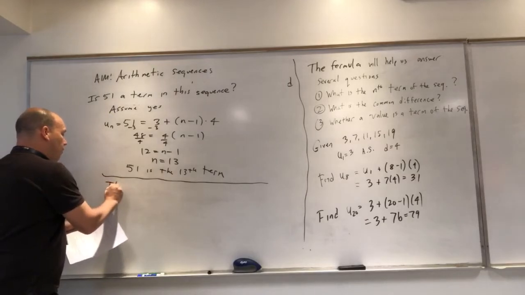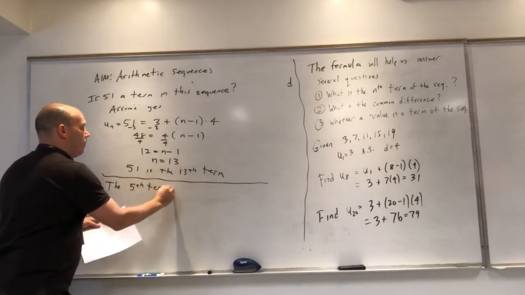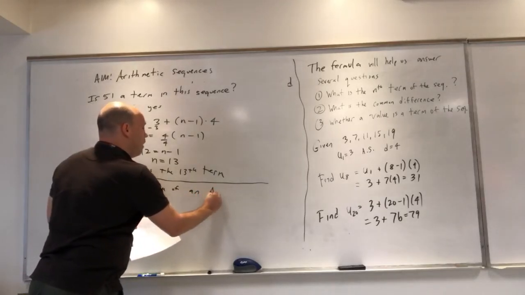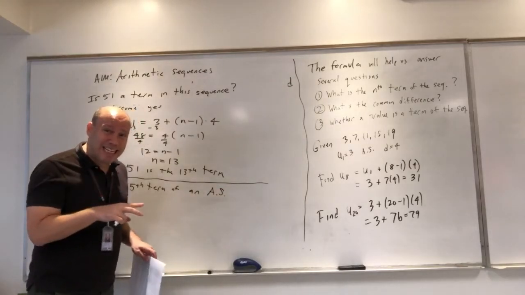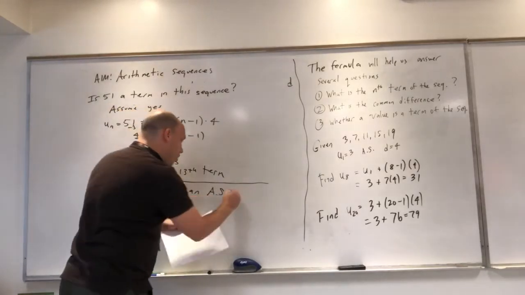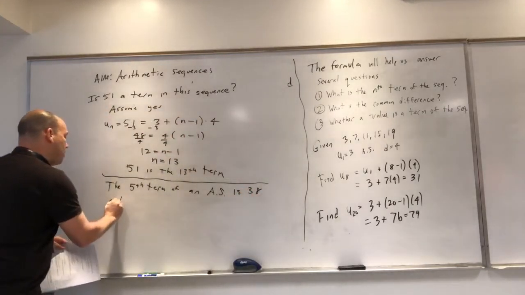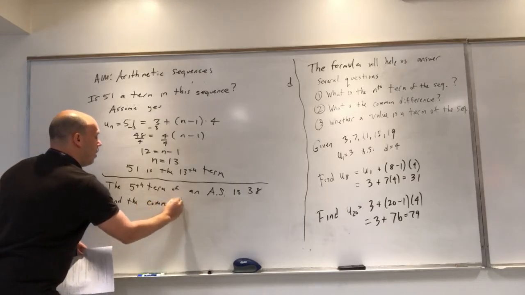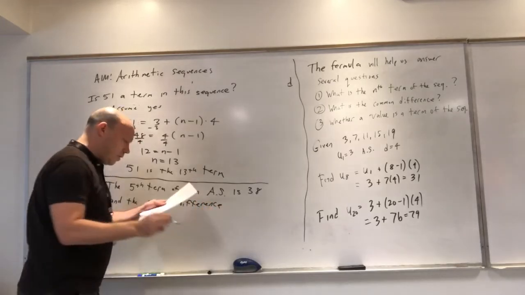The 5th term of an arithmetic sequence, AS, arithmetic sequence, because I'm lazy, is 38. And the common difference is what?